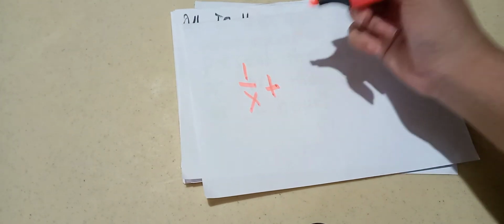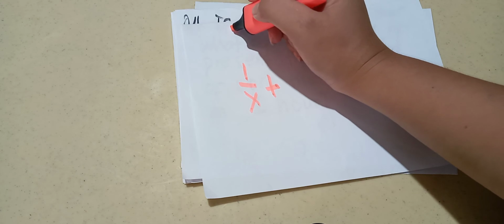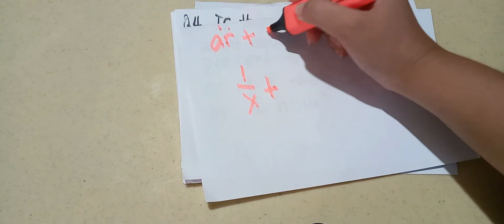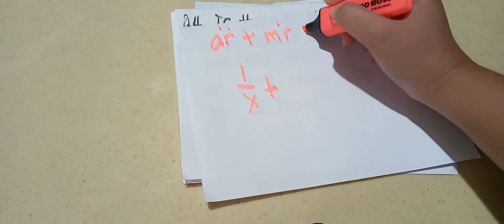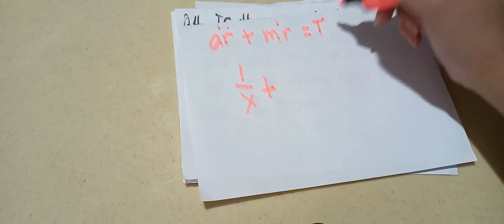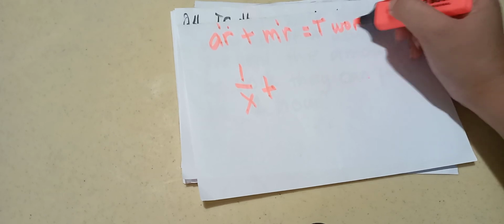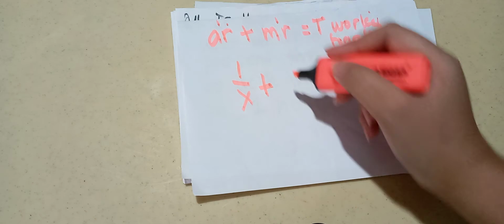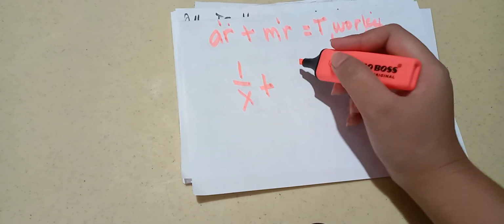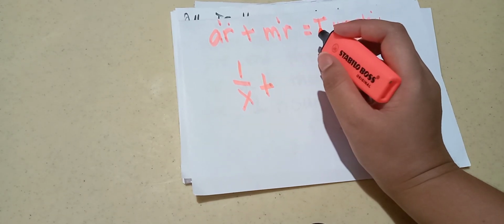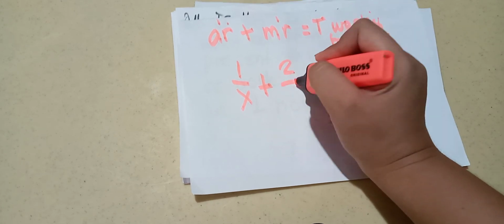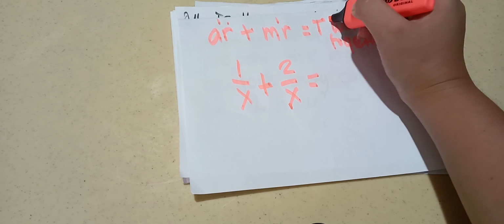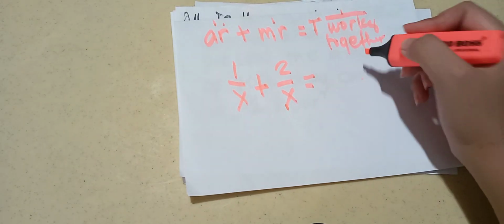Plus Mia's rate, which is 2 over x, is equal to the rate working together.